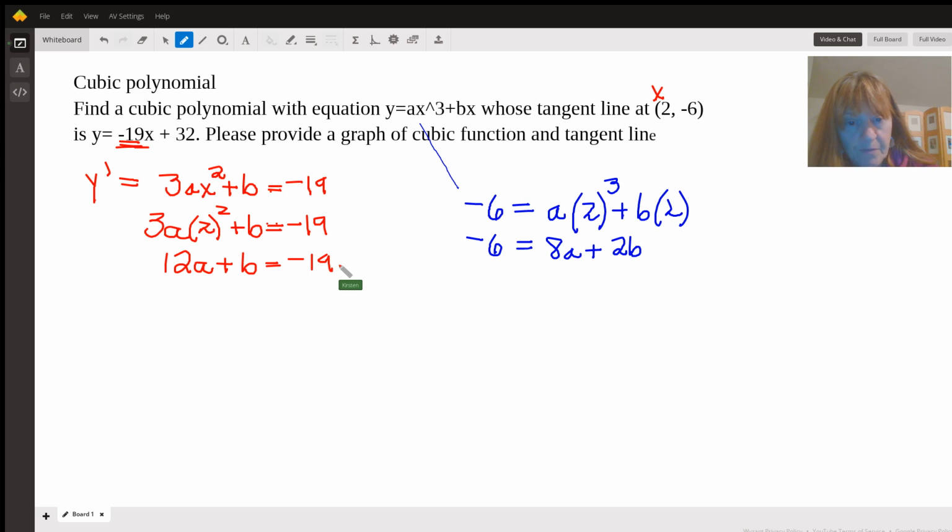I'm going to rewrite this equation in red over to the right, but I'm going to multiply each coefficient by -2 so that I can use the elimination method.